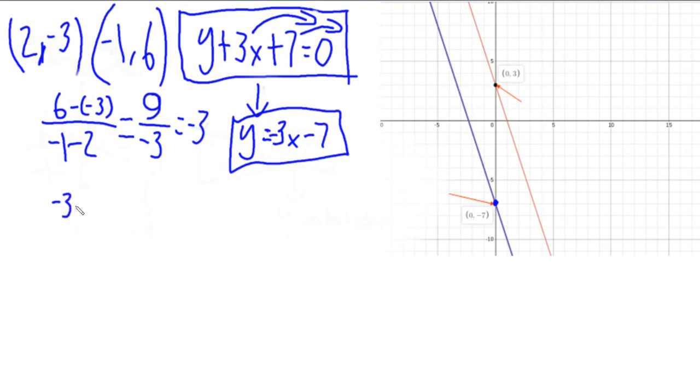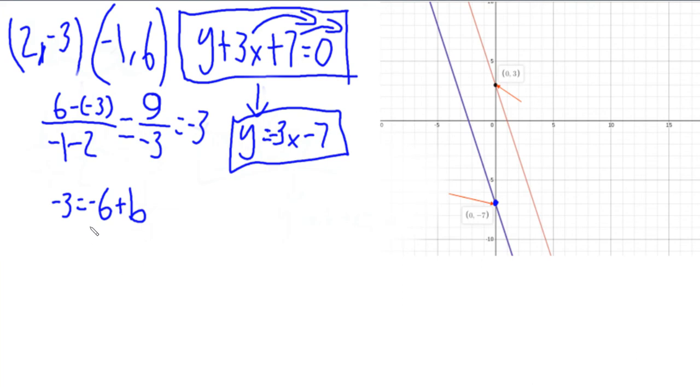In y equals mx plus b, the y is minus 3 equals, the 2 is the x, and m is the slope. So 2 times minus 3 is minus 6, and then plus b, the y-intercept.